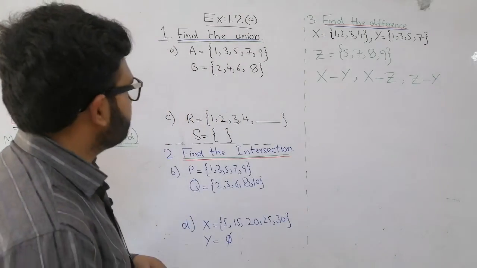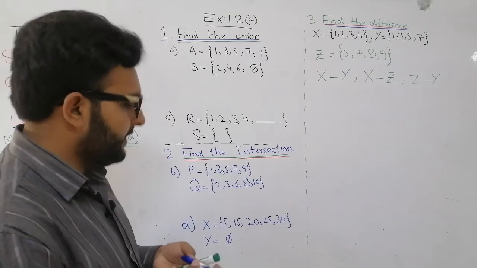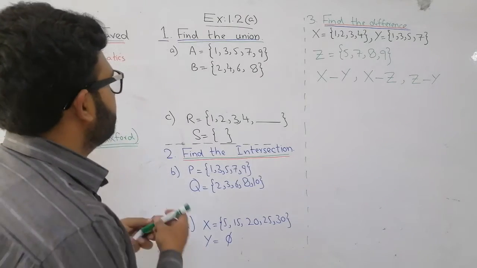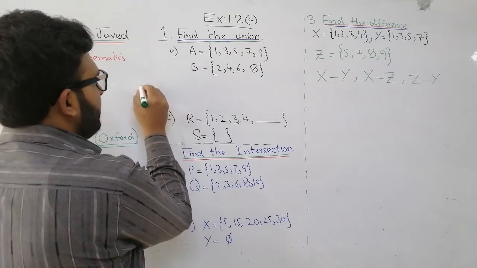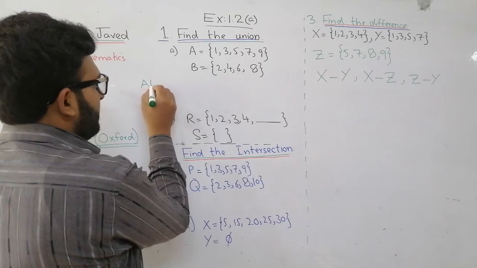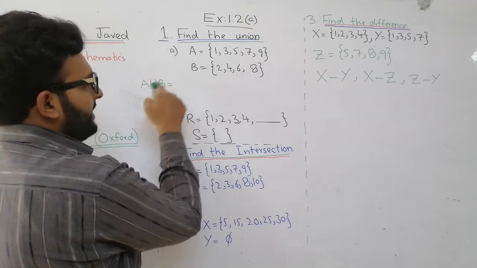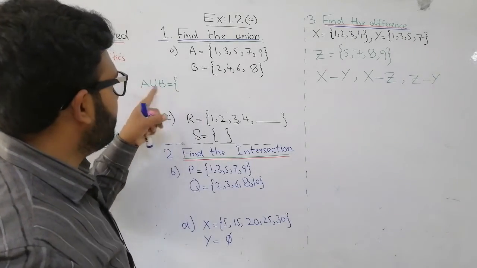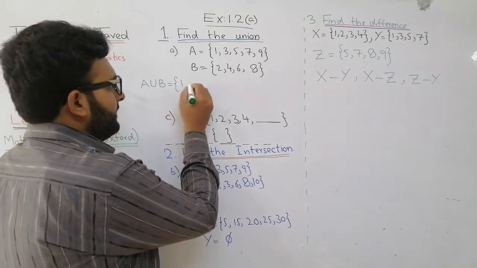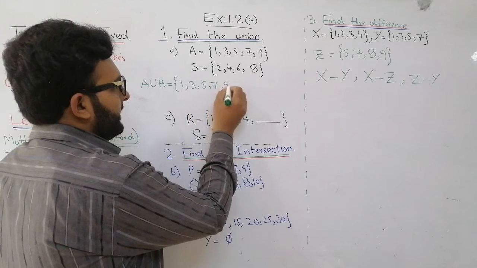Okay, let's start. First we have to find the union. Bismillahirrahmanirrahim. Find A union B. You will also apply this method of writing A union B. First of all we write set A: 1, 3, 5, 7, 9.